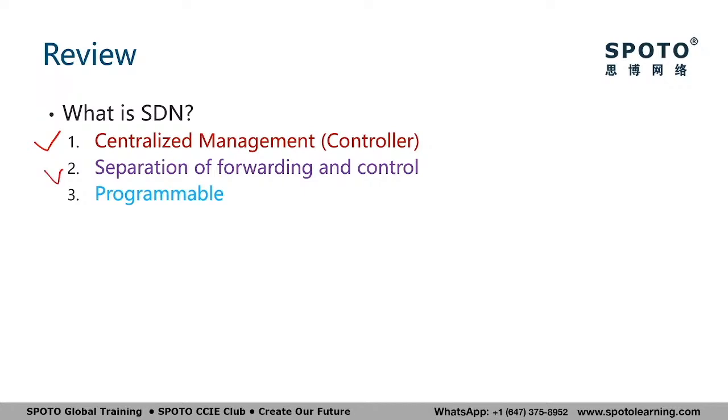They have 2 different layers. Control plane is responsible for how the system operates. Forwarding plane is responsible for that forwarding. The third one is programmable. As the name says, software-defined, it needs to be programmable. These are 3 criteria of SDN.